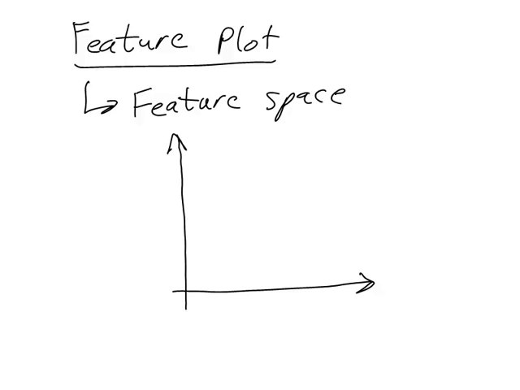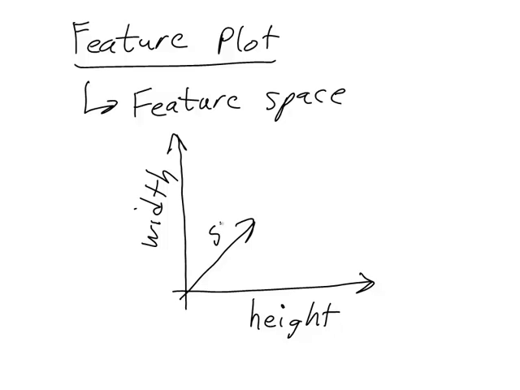For example, let's suppose that we've decided to extract the features height, width, and total size. In this case, we need to have a three-dimensional feature space with one axis representing the height of objects, one axis representing the width, and one axis representing the total size.